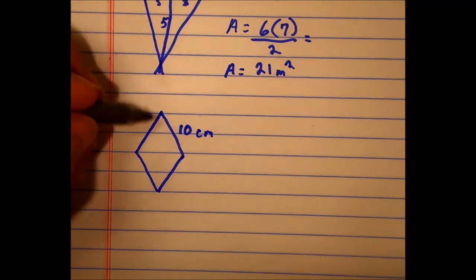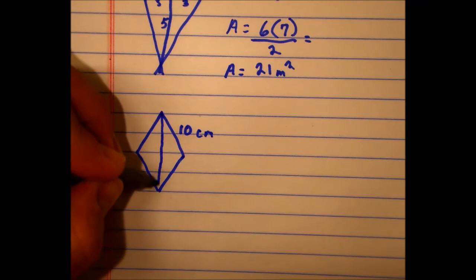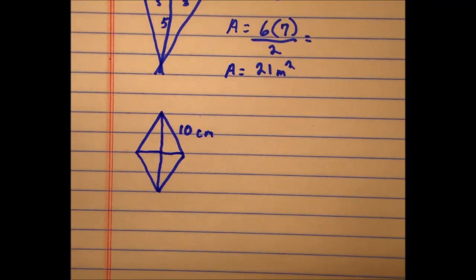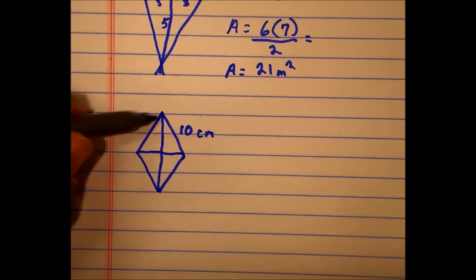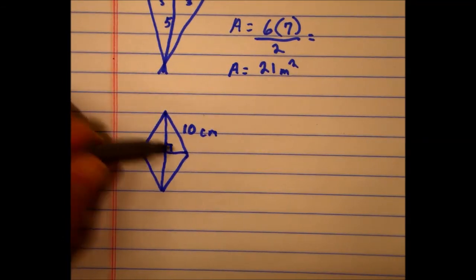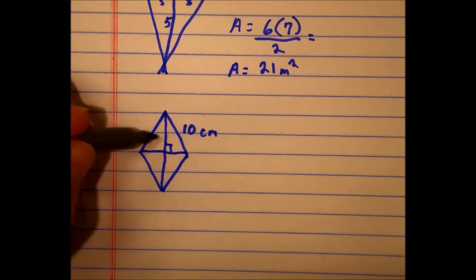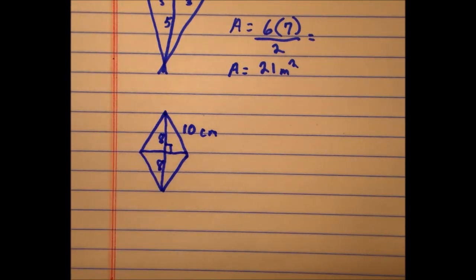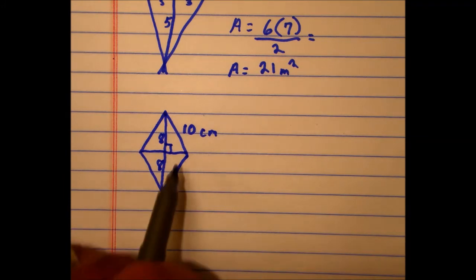And then it says the longer diagonal is 16 centimeters, and they want to know what the shorter one is. Well, the problem is the longer diagonal is 16 centimeters. But that's not this piece of the right triangle. How long is this piece of the right triangle? Hopefully you said it's cut into 8 and 8. But see, this is why you have to draw it out. I need the other piece here.